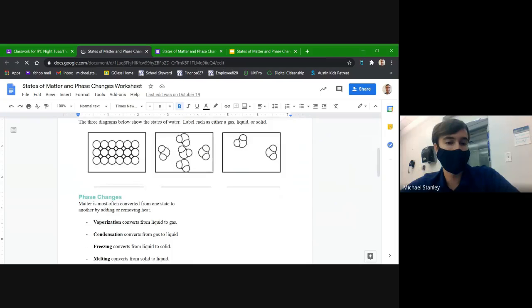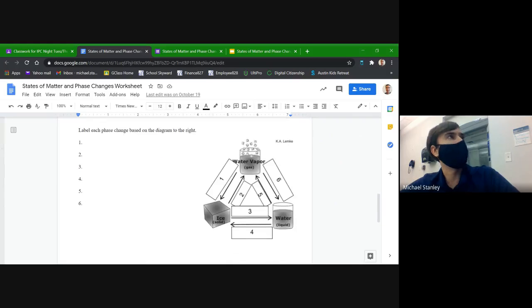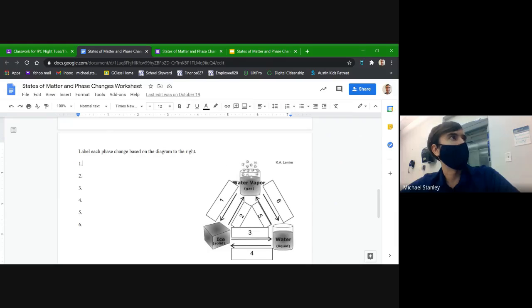On this one, you can directly label the different diagrams as solids, liquids, or gases. Then we have the same thing right here. For each number that goes along with one of these arrows, you'll write down which phase change it describes.